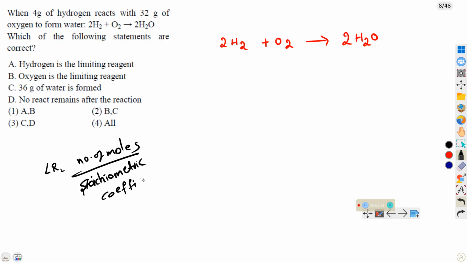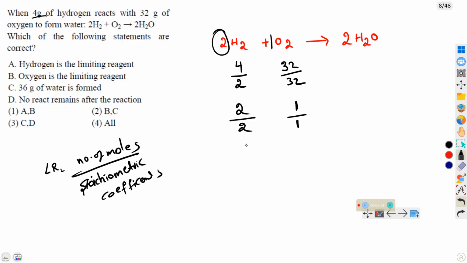Number of moles is weight by molecular weight. Weight of hydrogen is 4 grams, molecular weight 2, so 2 moles. Oxygen is 32 by 32, 1 mole. Now divide by stoichiometric coefficients: 2 by 2 is 1, 1 by 1 is 1. So there is no limiting reagent.